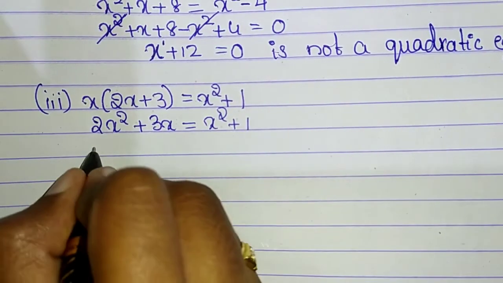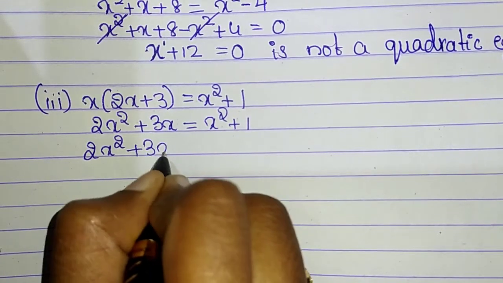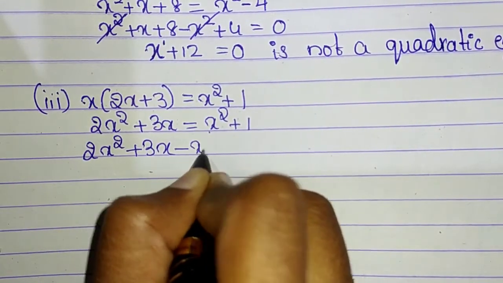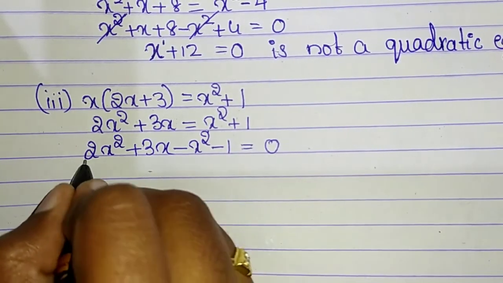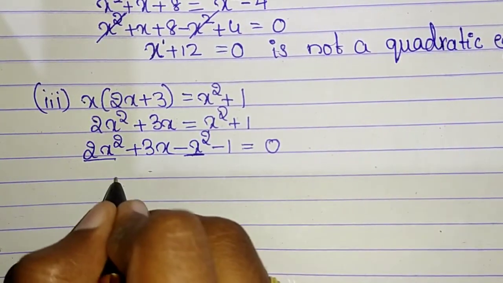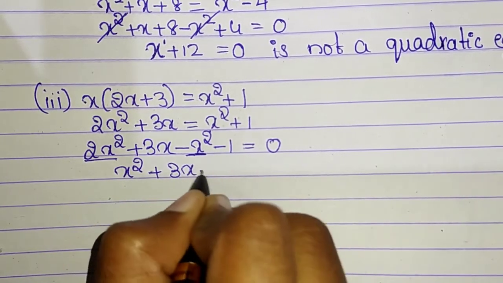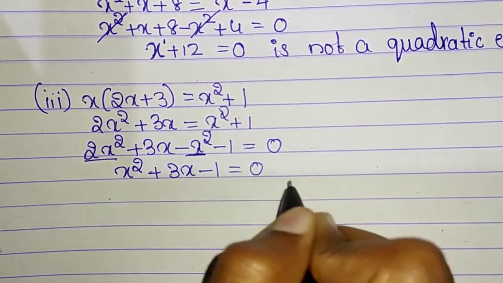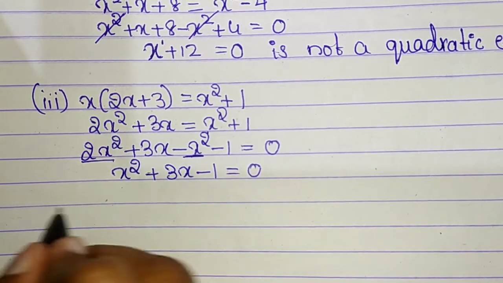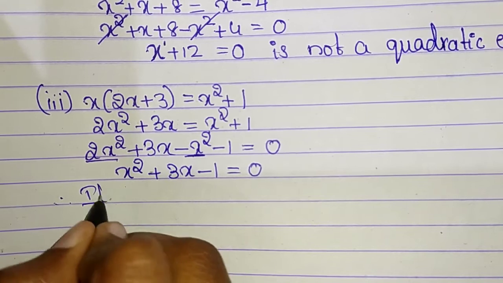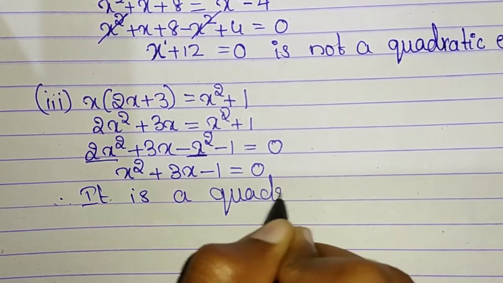So now transposing, we get 2x square plus 3x minus x square minus 1 is equal to 0. So 2x square minus x square is x square, plus 3x minus 1 is equal to 0. So this is of the form ax square plus bx plus c. Therefore, it is a quadratic equation.